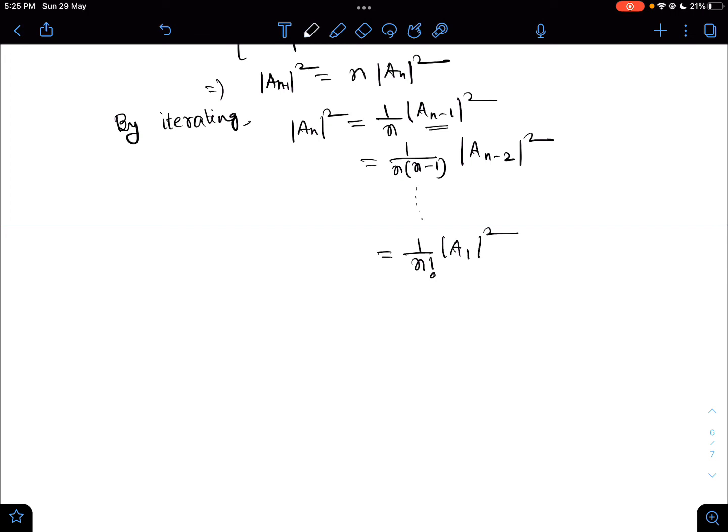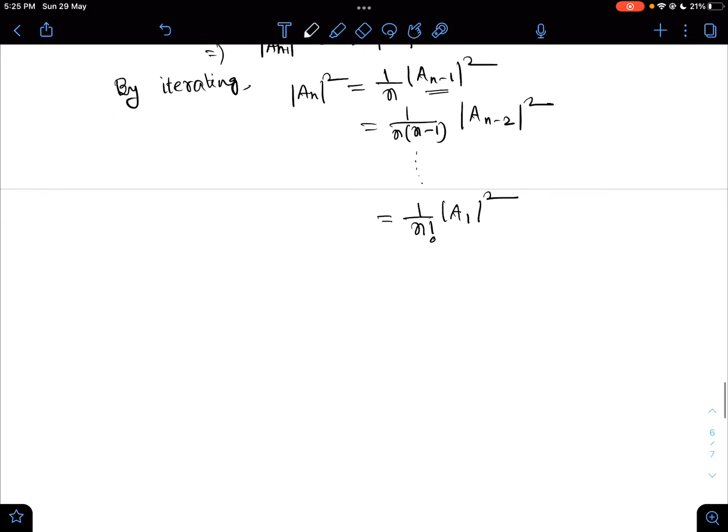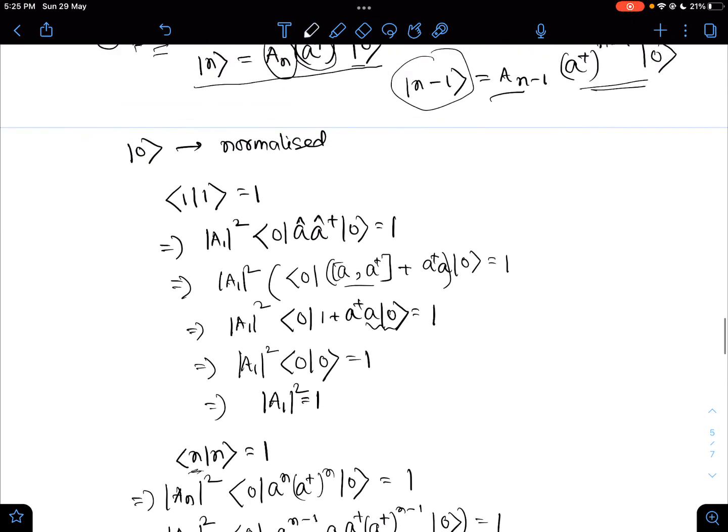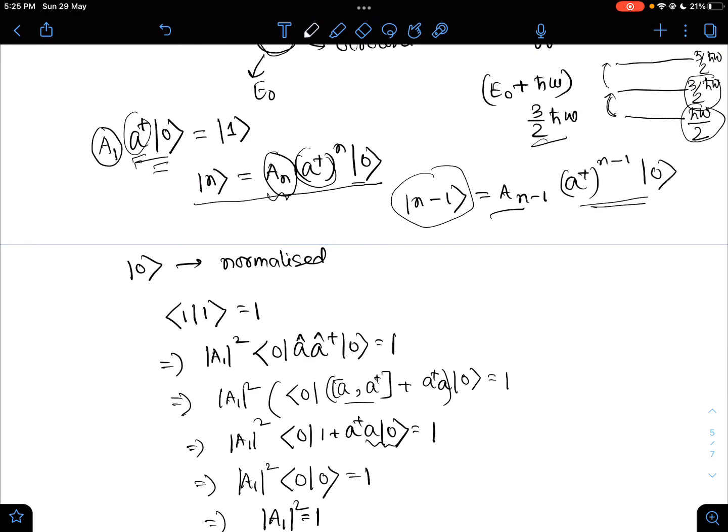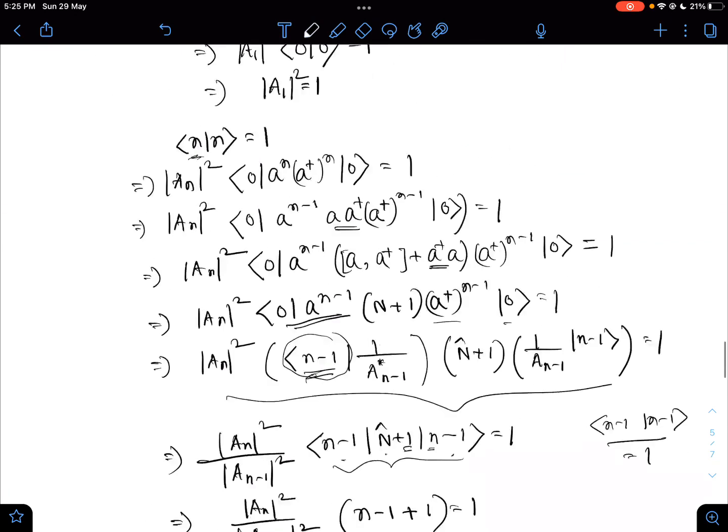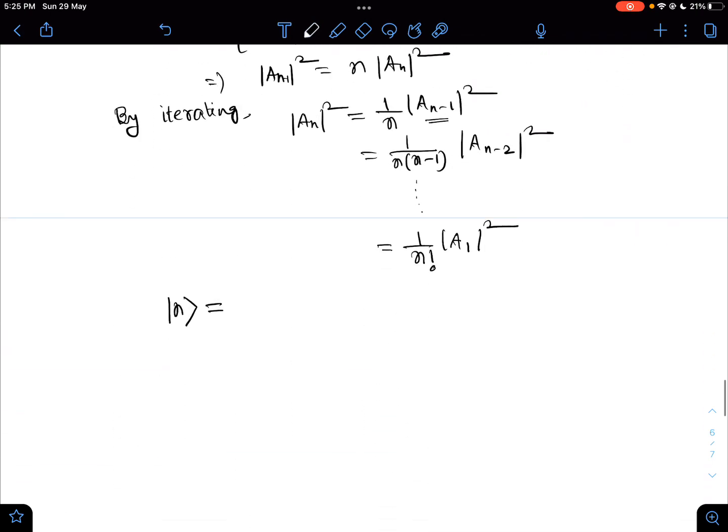if we choose all the coefficients to be real, what are we left with? We are left with |n>, so what is our |n> value? The a_n value we have is 1 by root n factorial. Since a_0 is 1, we can write |n> to be (a†)^n on |0>.